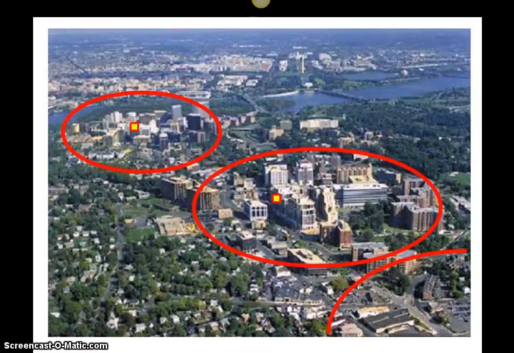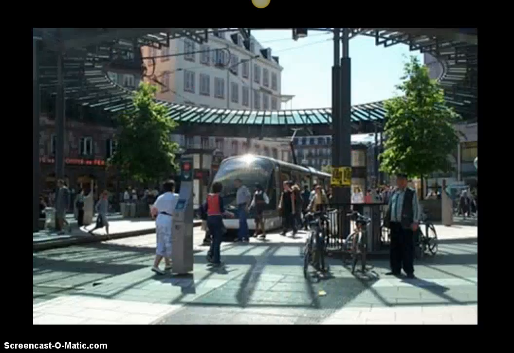This is an example. You can see the development, higher density surrounding the transit station. And this is very common in Europe. You can see tram or rail-based transit very near a building. You can just walk a few steps and get to the station.